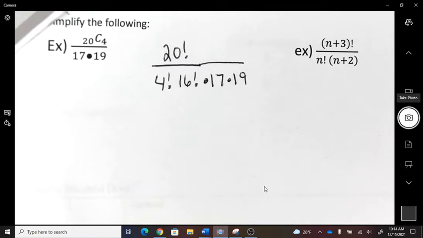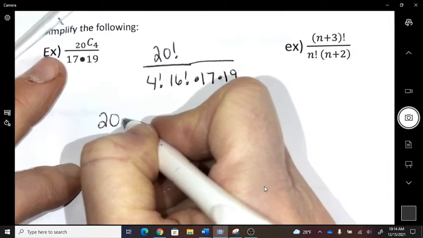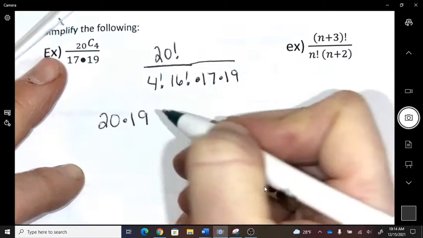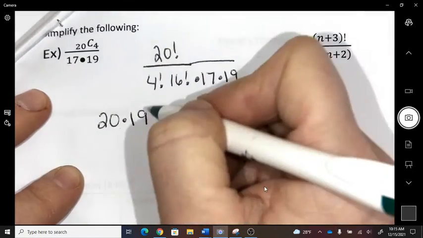Okay, so what's the rule about factorials? You start expanding the bigger one. Okay, so I'm going to start to expand 20. How do I know where to stop? What's your goal? Where do you go to? To 16.